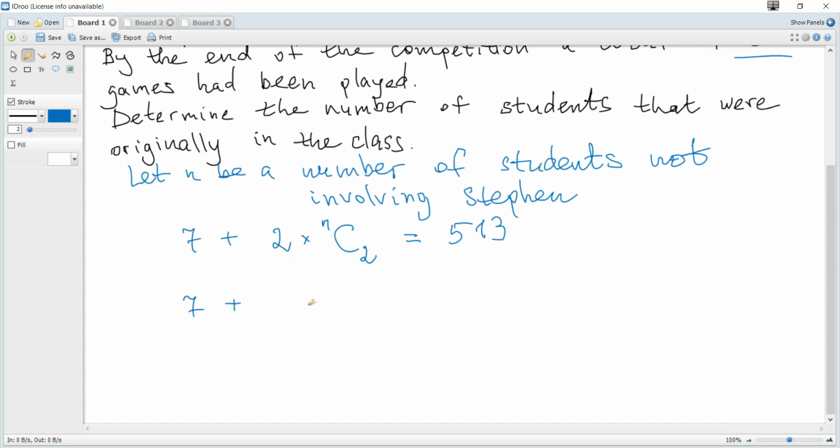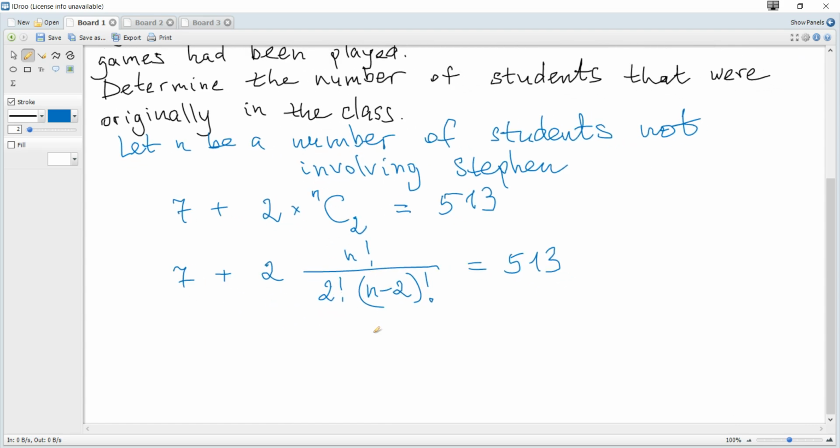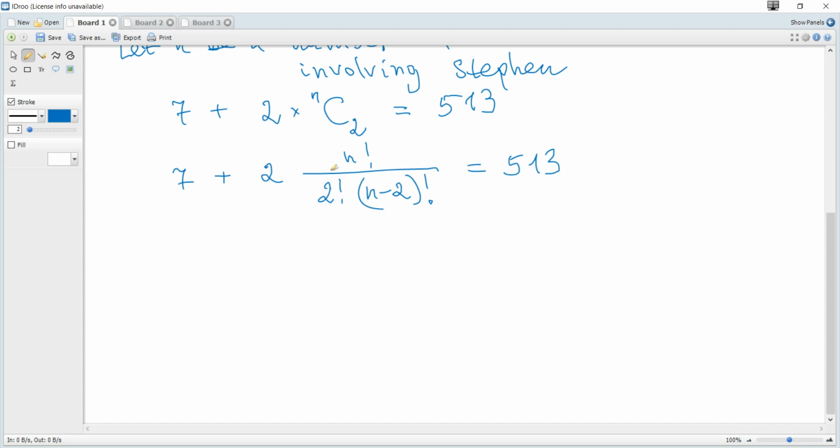And let's use the formula for the number of combinations: the greater number factorial, over the smaller factorial times the greater minus the smaller factorial, and that is 513. 2 factorial is just 2, so the 2 cancels. n minus 2 factorial is the product from 1 up to n minus 2, and n factorial is the product from 1 up to n, that is 1 times 2 times so on up to n minus 3, n minus 2, n minus 1, up to n.